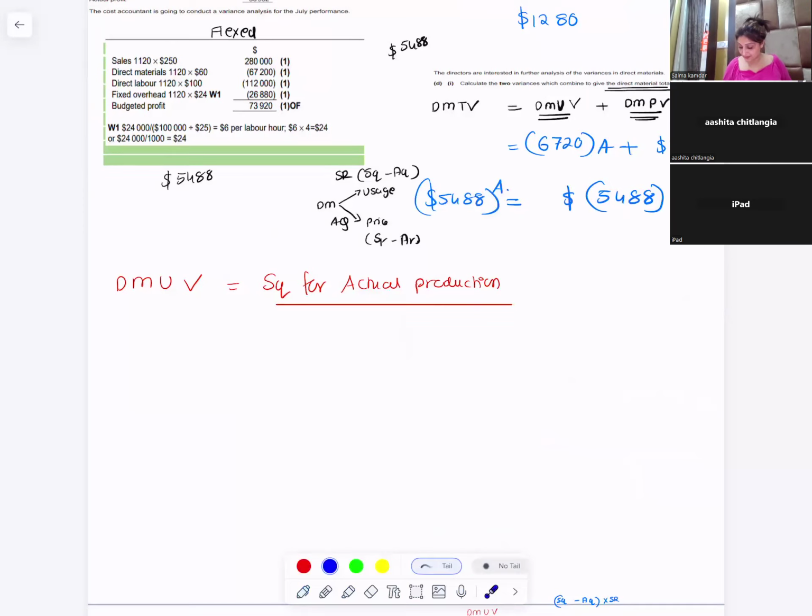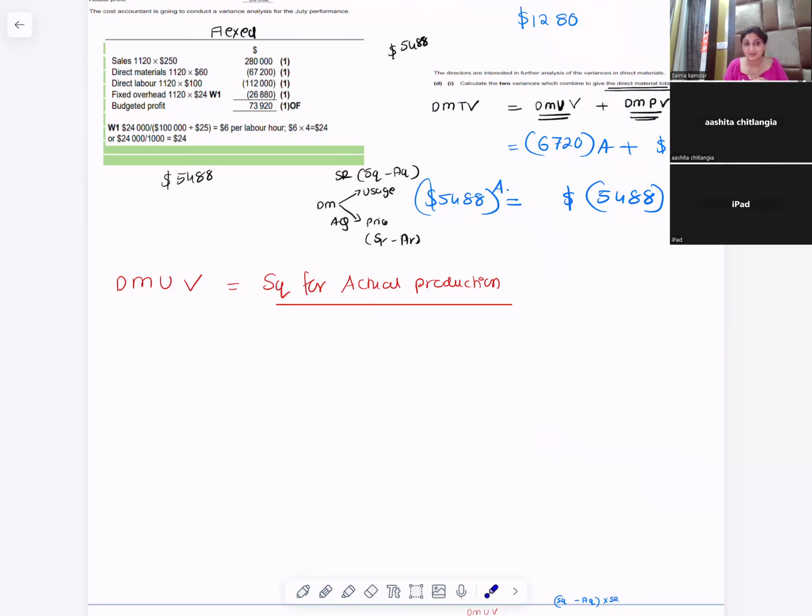Now understand the consequences of this. You have used more quantity. You have paid less, because the price variance is favorable, right? That means you have paid a cheaper price. That's good, but you used more quantity.